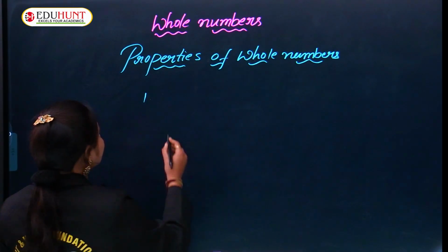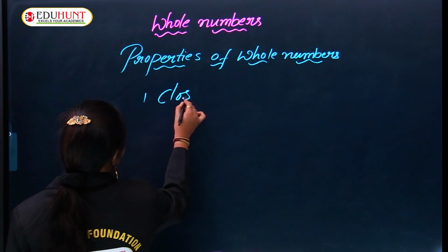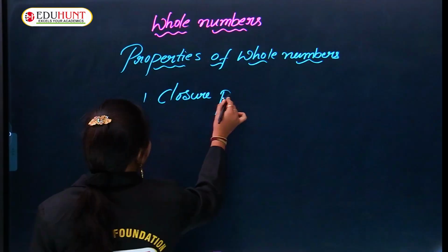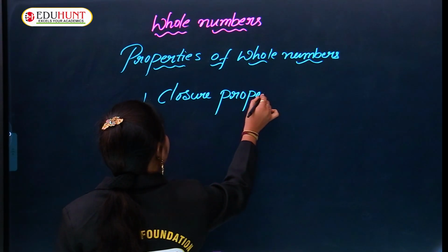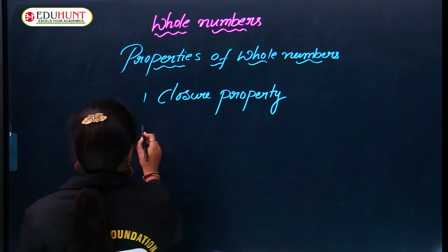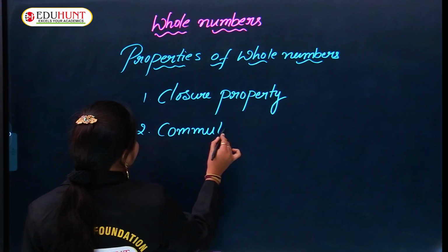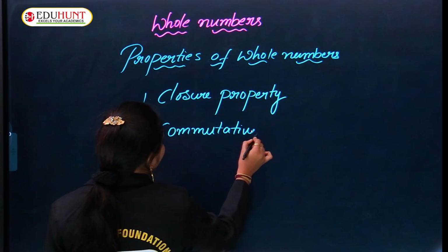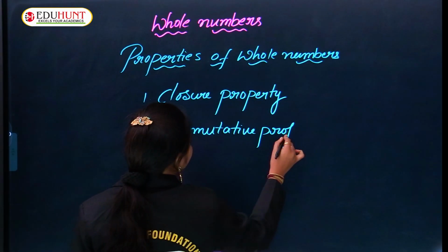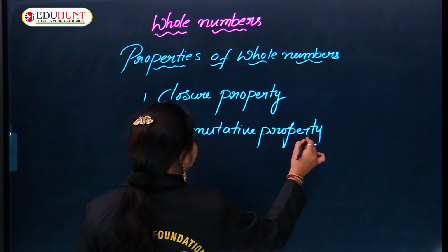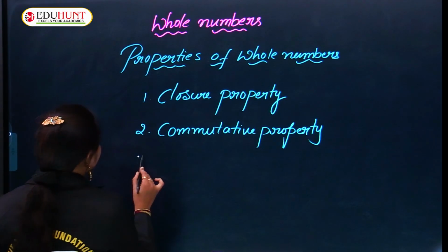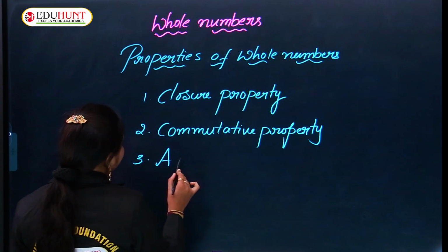The first one is closure property. The second one is commutative property. The third one is associative property.